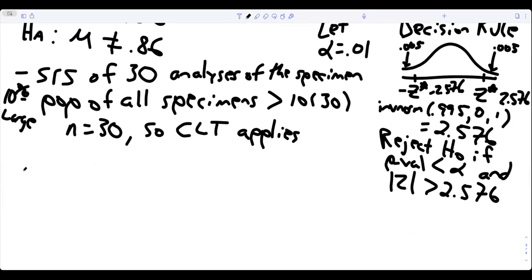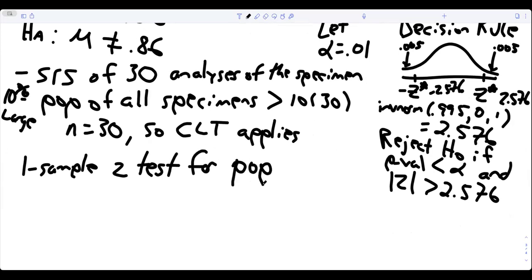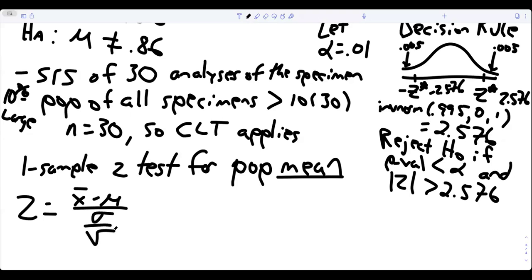Okay, this is a one sample z-test for a population mean. And that's important. Need to put that it's a mean, because you can also have a one sample z-test for a population proportion. So z equals x bar minus mu over sigma divided by the square root of n.